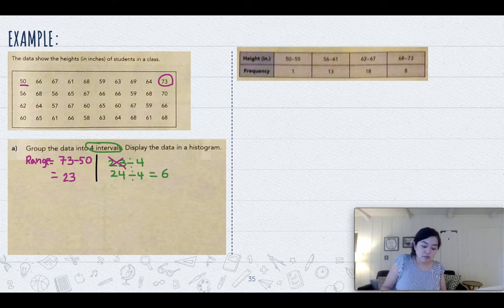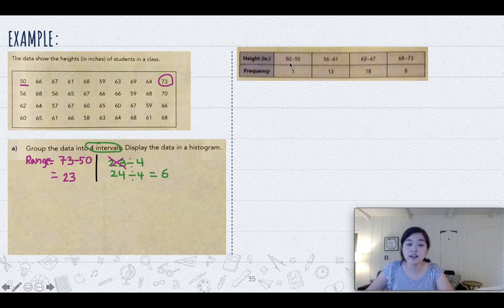And so same thing here. Now I didn't write 55 as the start of another interval because I already used 55 here. I have to use the next number up, which is 56. And then 6 pieces of data is 56, 57, 58, 59, 60, 61. That's 6 pieces of data.